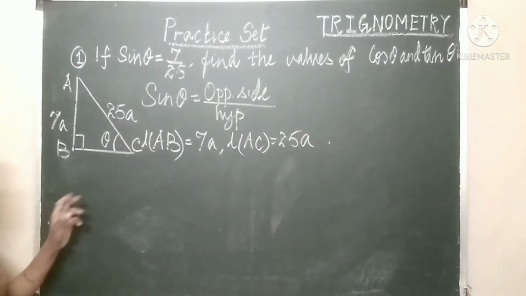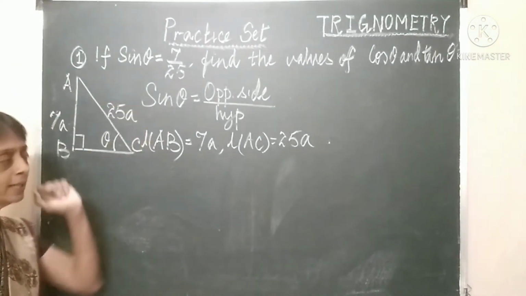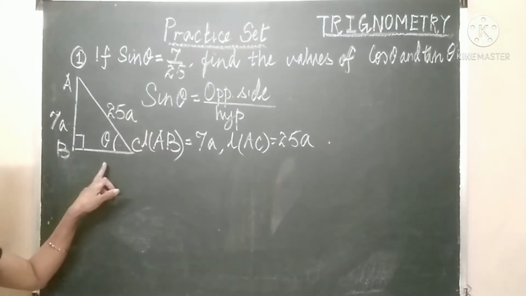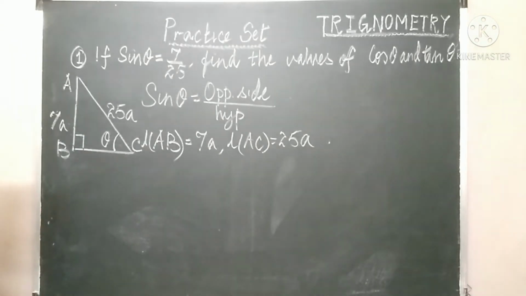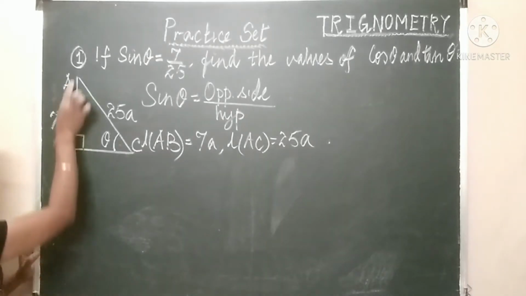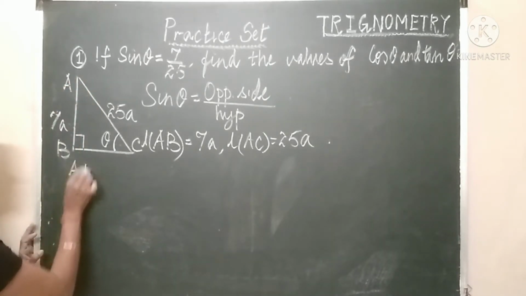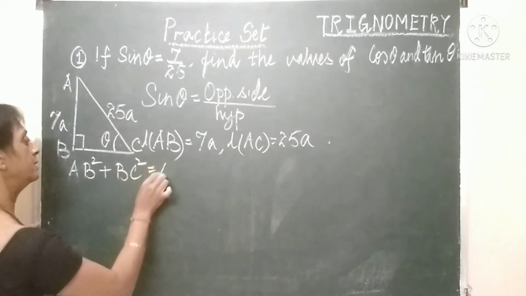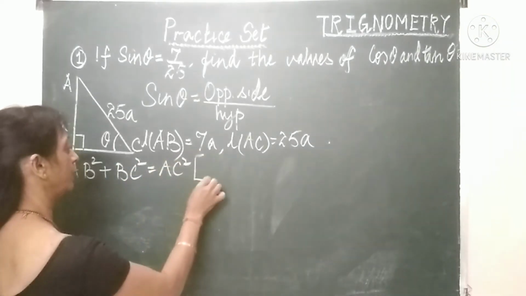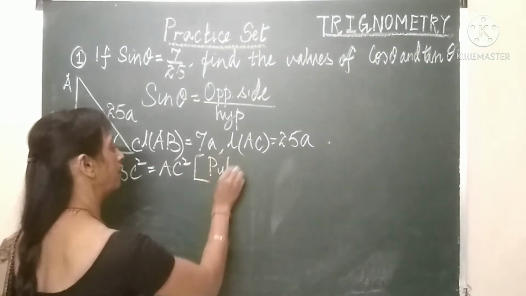So to begin with, children, in this right angle triangle, can we use Pythagoras theorem to find out the value of the length of the third side? Definitely. What is Pythagoras theorem? AB square plus BC square is equal to AC square. What have we applied over here?